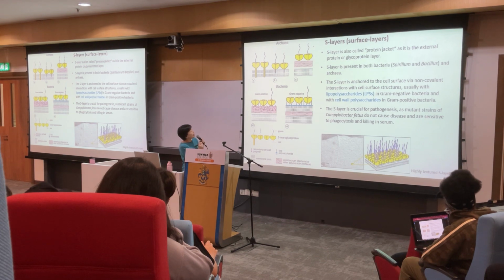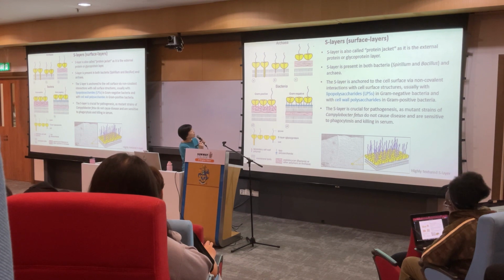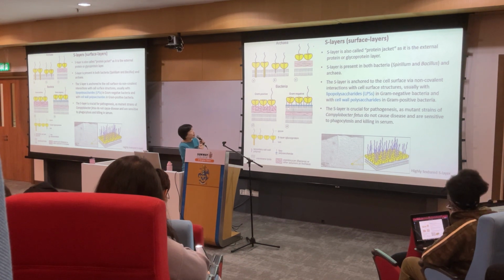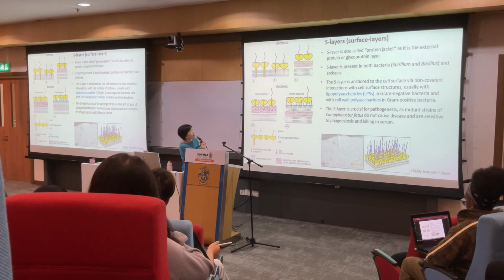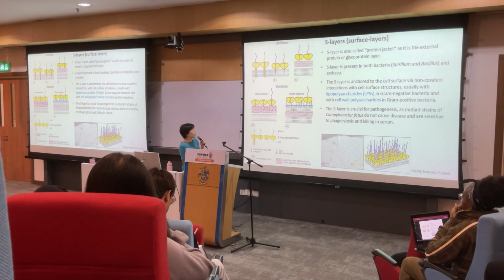So this S layer in the gram-positive actually adheres to the peptidoglycan, through a secondary attachment, and then attaches to the S layer. As for the gram-negative, it is not anchored on the outer membrane, but is directly attached to the LPS. All right, this is the LPS.